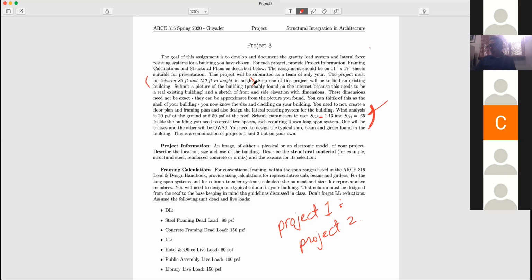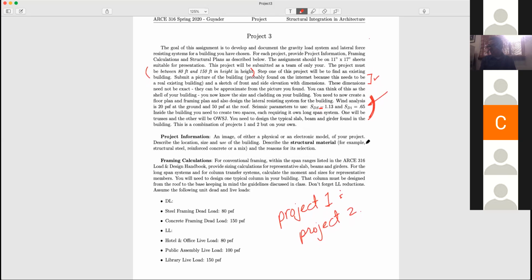And this is something that you're going to find on the internet. This does not have to be a famous building at all. It could be one that you think is famous, or just one that you are a fan of. That would be fine, and you'll see exactly what the caveat is here.